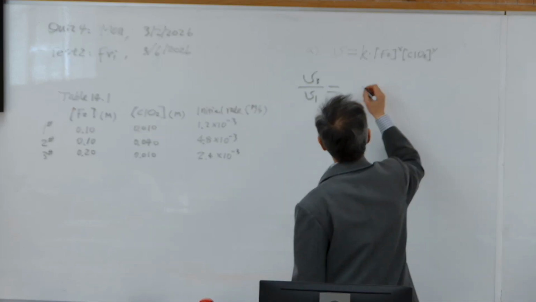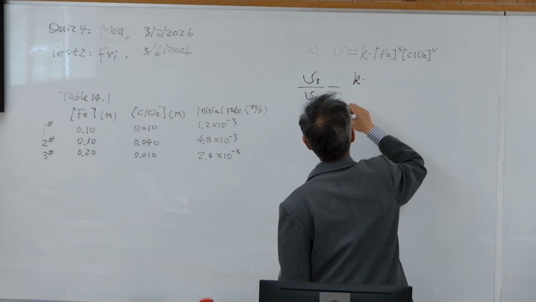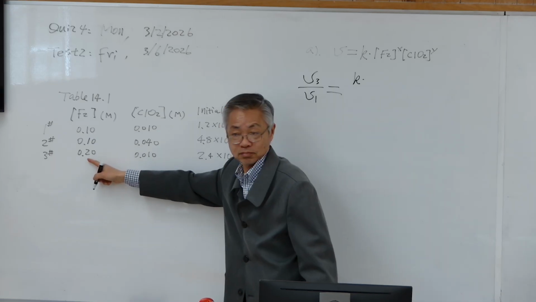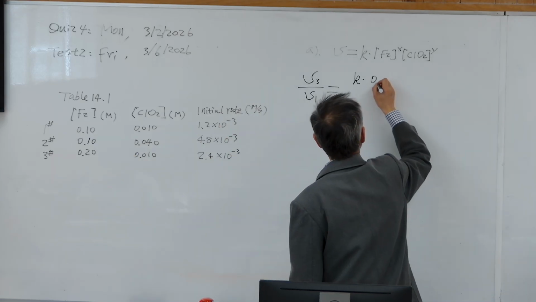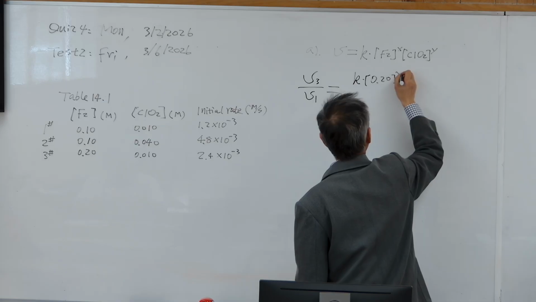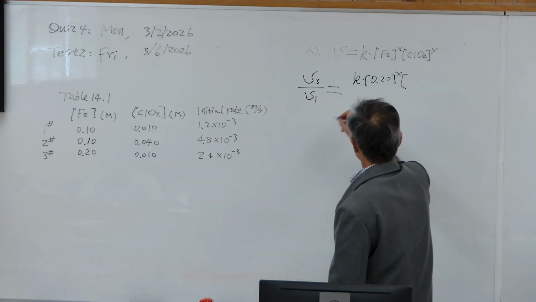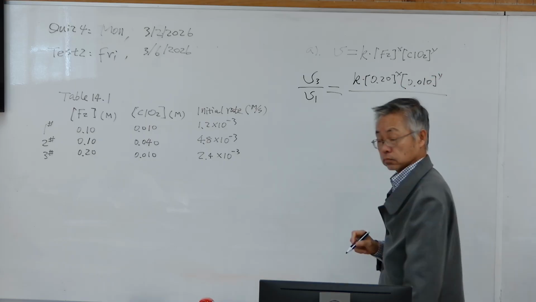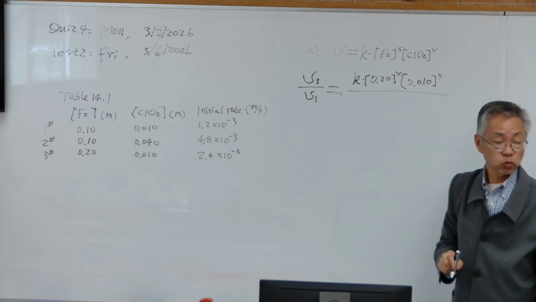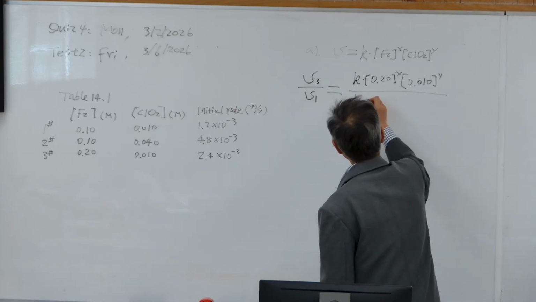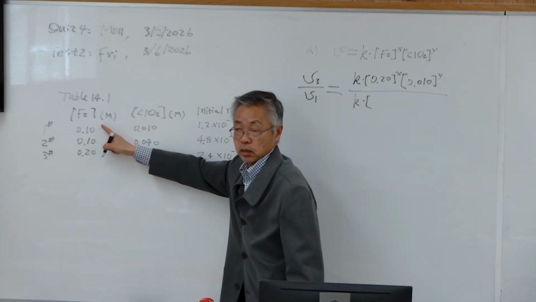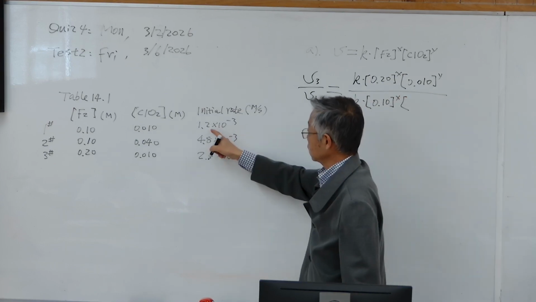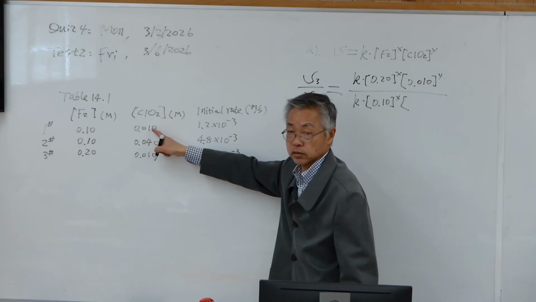Okay. So in this way, it is K times, for V3, F2 is 0.2, right? 0.2 raised to X, ClO2 0.01 raised to Y's power. While for V1 we have K times F2 is 0.1, and ClO2 is 0.01.